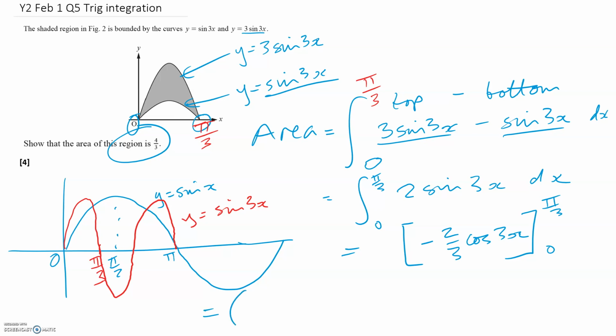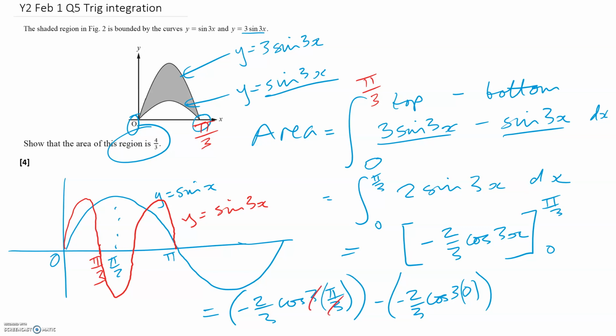If we now put in pi over 3 into this, we've got minus 2 over 3 cos of 3 times pi over 3. So the 3 and this 3 cancel, and cos of pi, I think is 1. No, it's actually minus 1, isn't it? So cos of pi is minus 1.